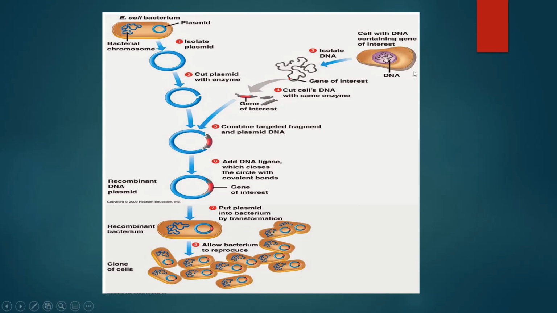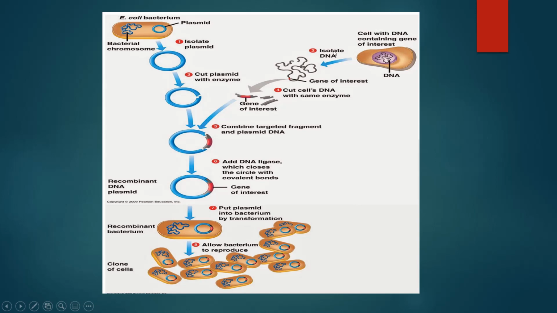And this is our DNA, that is nothing but the insulin gene, the desired gene containing DNA. First of all, the cell with DNA containing the gene of interest. So this DNA must be isolated and purified.